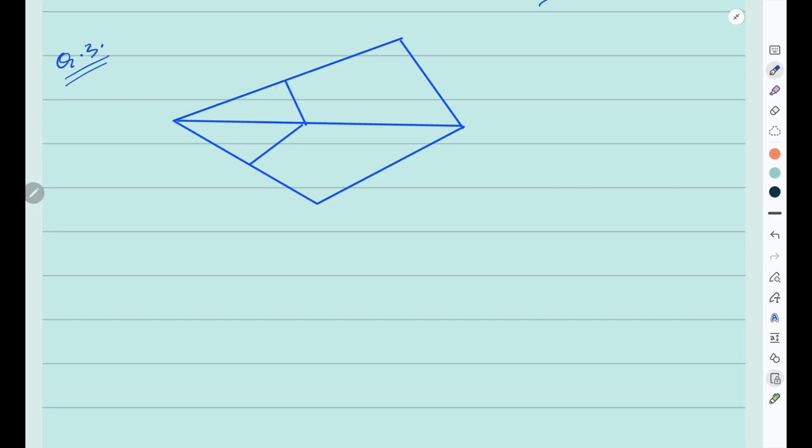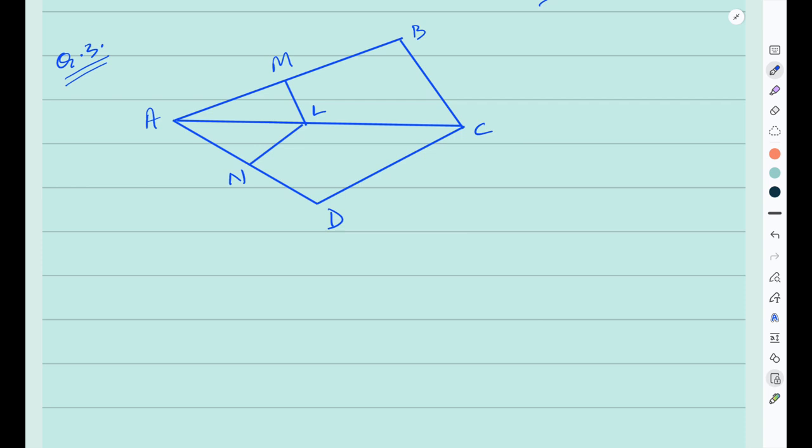In question number 3, it talks about this figure. I'm just drawing this figure, B, C, L, N, D. Here we can see that there are a few triangles, and they also form a quadrilateral in a way. But let us see what conditions are given in question 3.